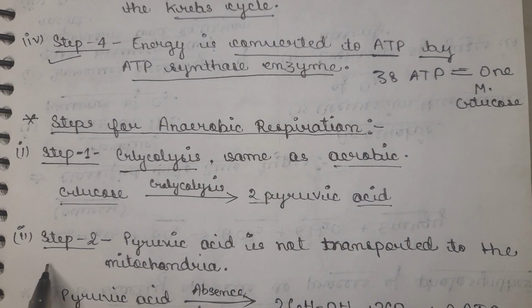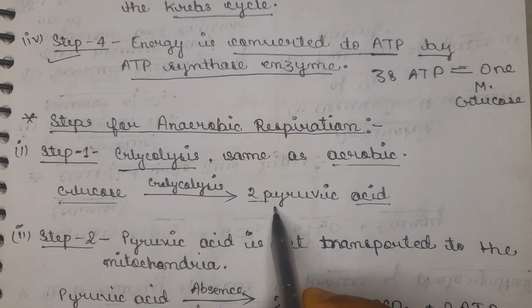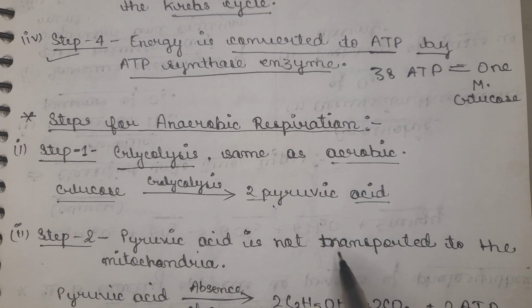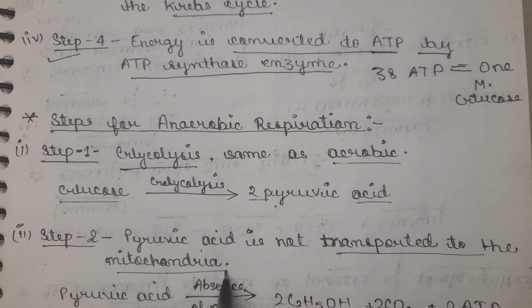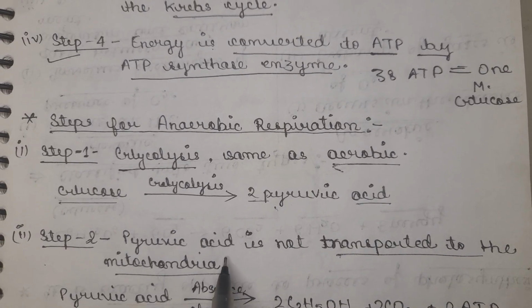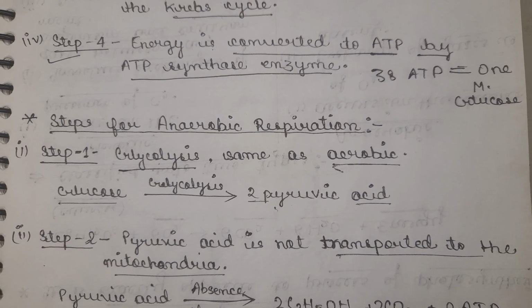Now in the second step we will see that this pyruvic acid produced in glycolysis is not transported to the mitochondria, as we have seen in aerobic respiration, where pyruvic acid is transported to the mitochondria for further reactions.